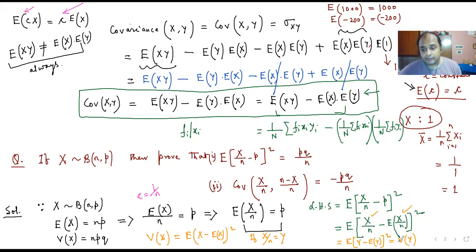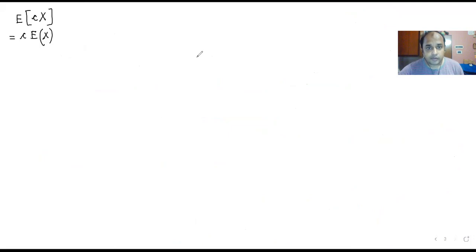And variance of Y means what? Now let me write on the next page. Variance of Y means, again resubstituting the quantity which stands for Y, variance of X by n. But we cannot say anything about variance of X by n directly, because this random variable's probability distribution is not known to us. But what we can do is use the following formula.